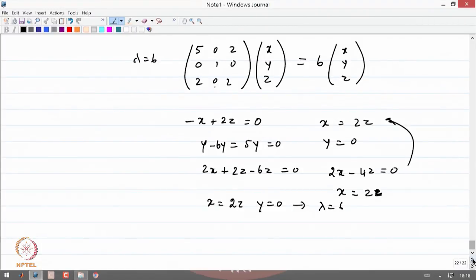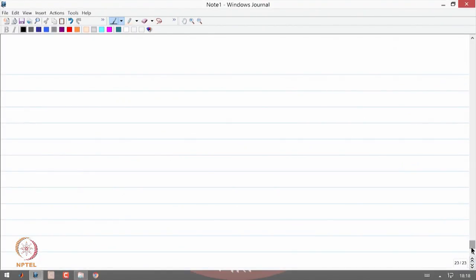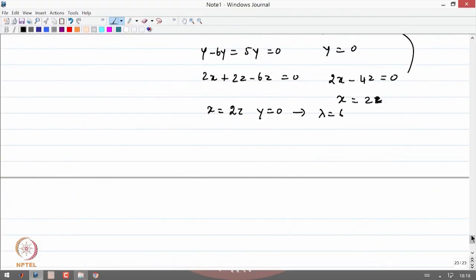Okay. Therefore, now we have a challenge, namely normalization: x square plus y square plus z square is equal to 1. Then what we have is essentially 4z square plus z square is equal to 1, which means z is equal to 1 by root 5.